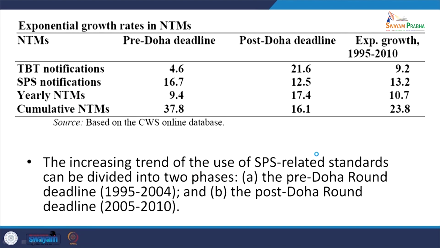Now, counting different time periods by pre-Doha and post-Doha deadline, we could see here that TBT notifications in the pre-Doha deadline were 4.6, whereas post-Doha it is multiple times higher, at least 5 times higher than the pre-Doha round.